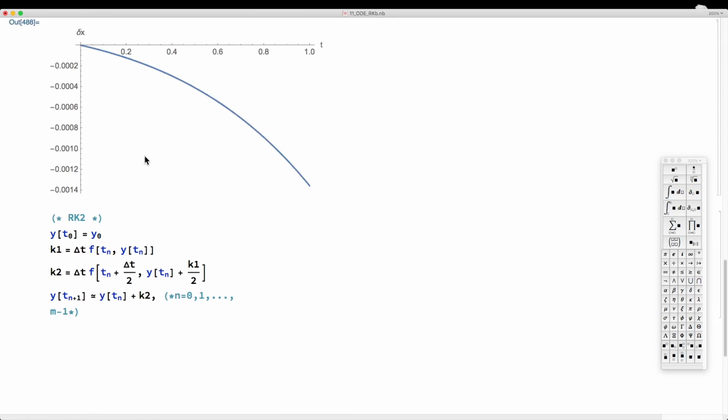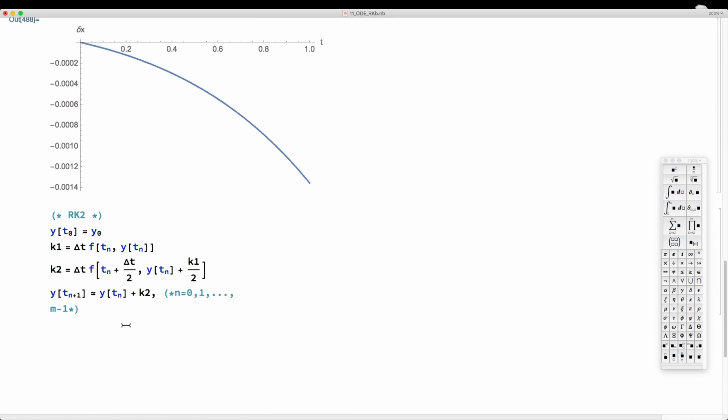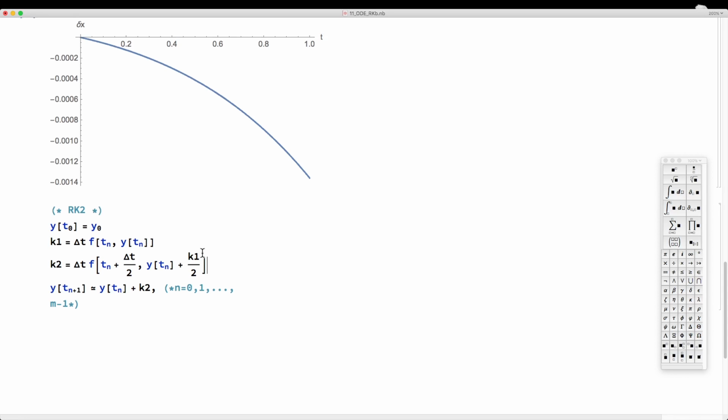There is more than one method of order 2, but one of them is given by this scheme right here. In this case, we compute again the initial data as before, and we compute the first order correction in the Taylor expansion, but then we also compute a second order correction. And you can prove, if you want to, that this is consistent with a second order Taylor expansion. We're not going to do it here, but I'm just going to provide the scheme.